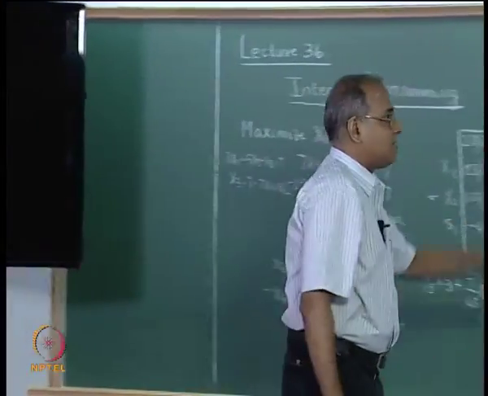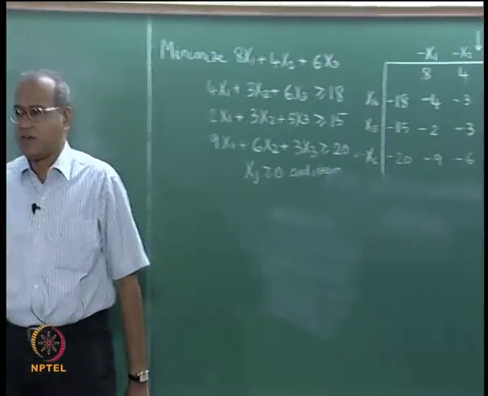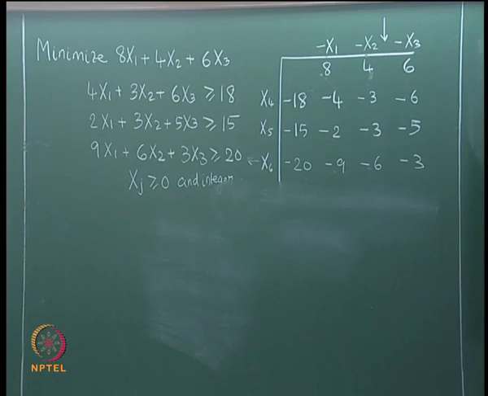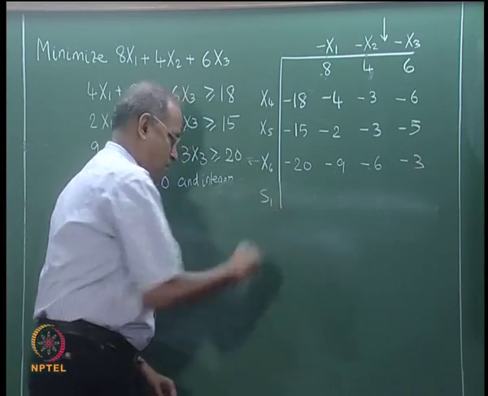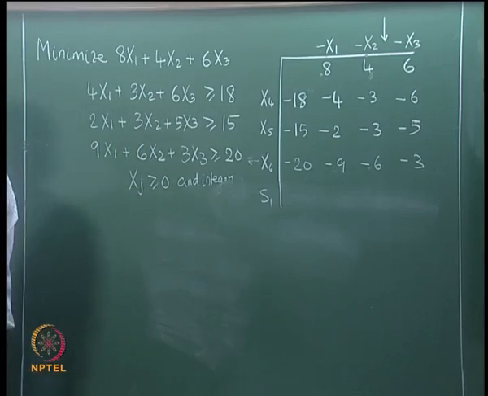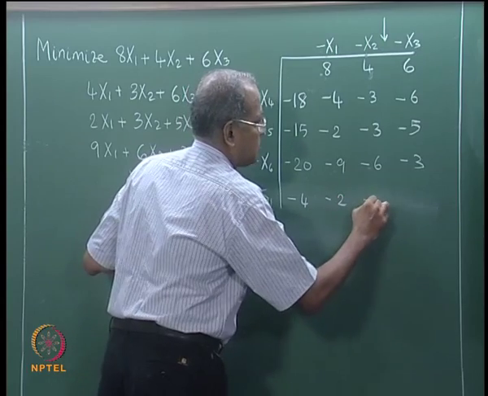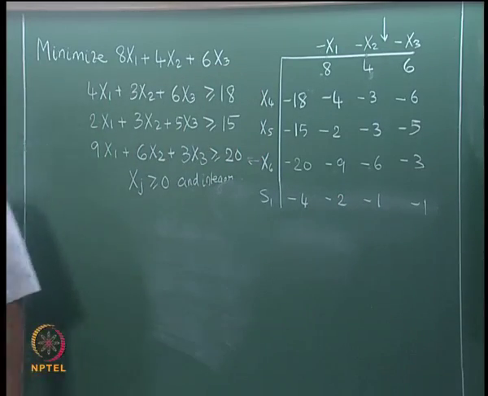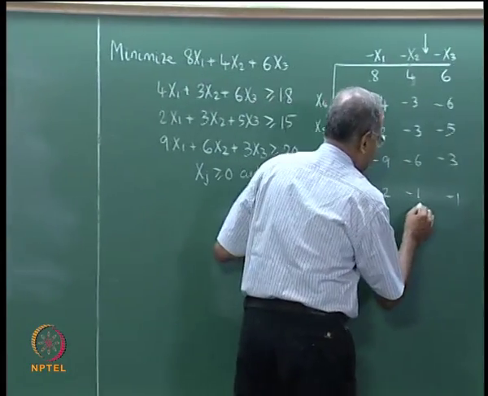Now the way this particular simplex table works, let us simply write this cut for a moment, assuming h equal to 1 by 6. So this cut will be -4, -2, -1, -1. Now when we do an iteration of this, what are all the things that are going to happen? We also said this is the pivot.